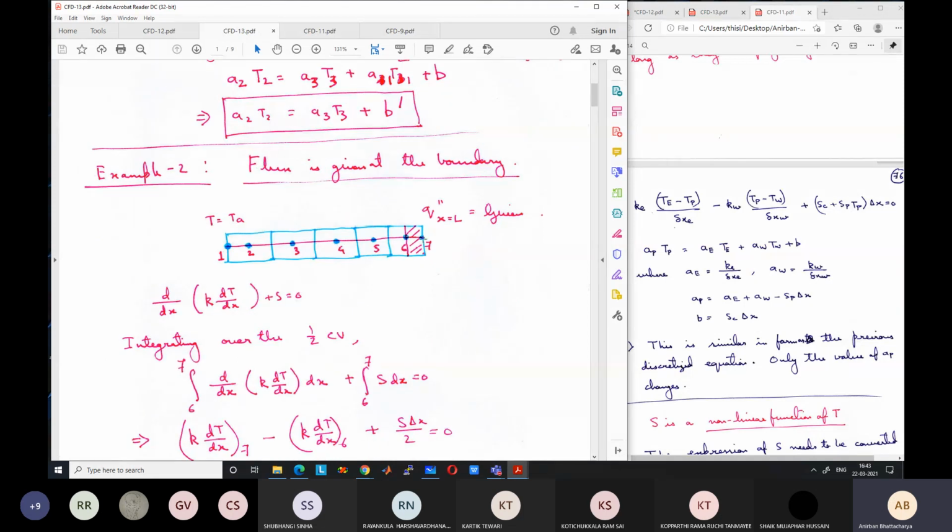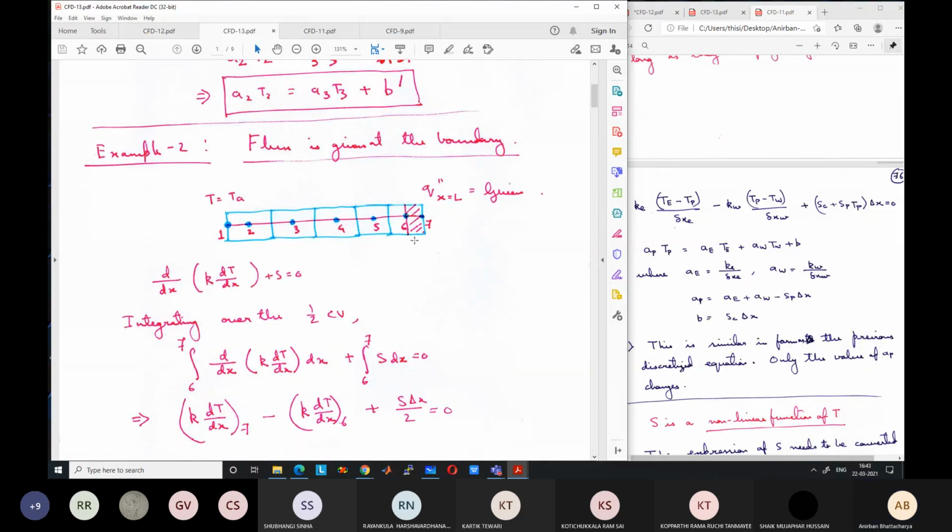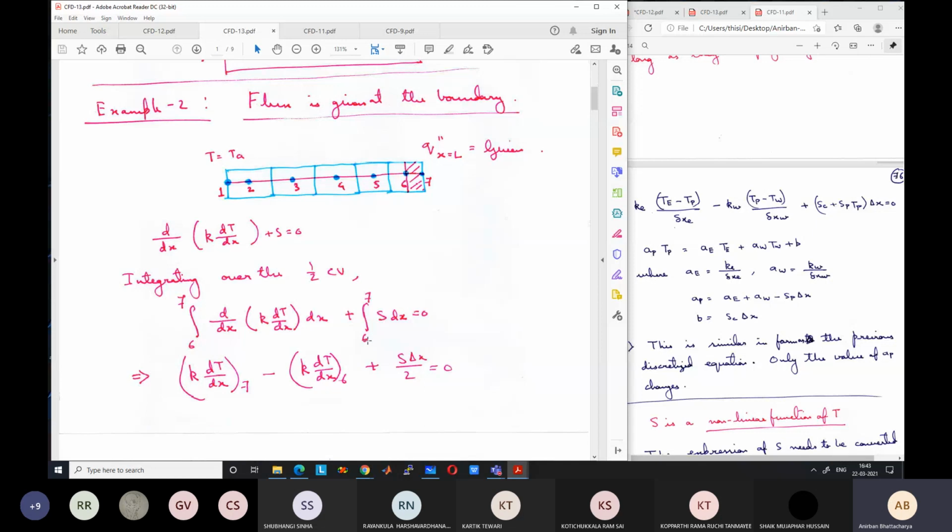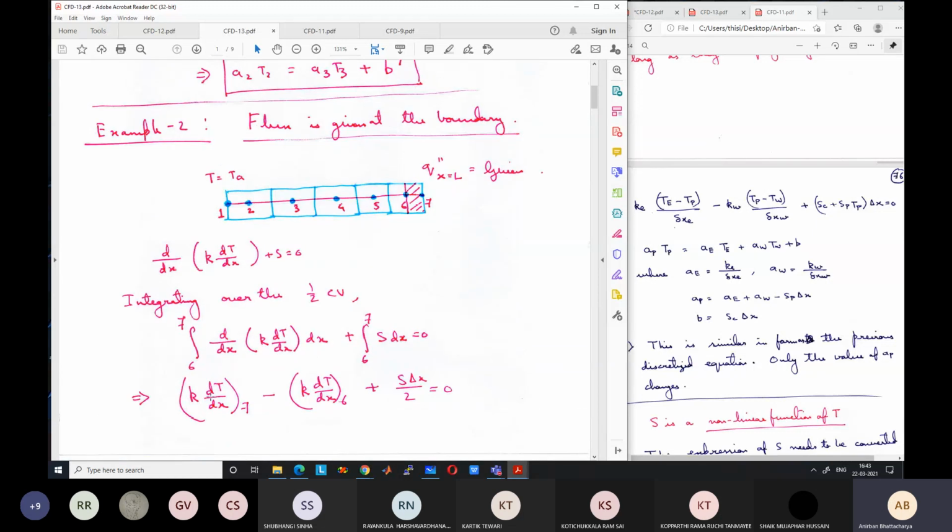So for this half cell control volume from 6 to 7, the integration of d/dx of K dT/dx plus the integral of S dx from 6 to 7 can be written as K dT/dx at 7 minus K dT/dx at 6 plus S into delta x by 2.